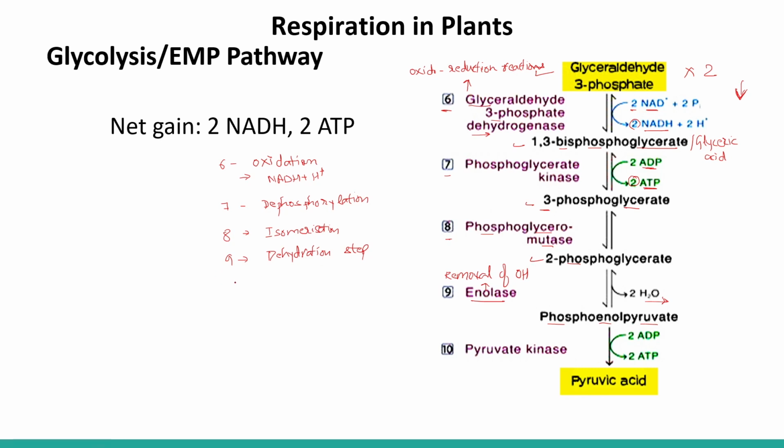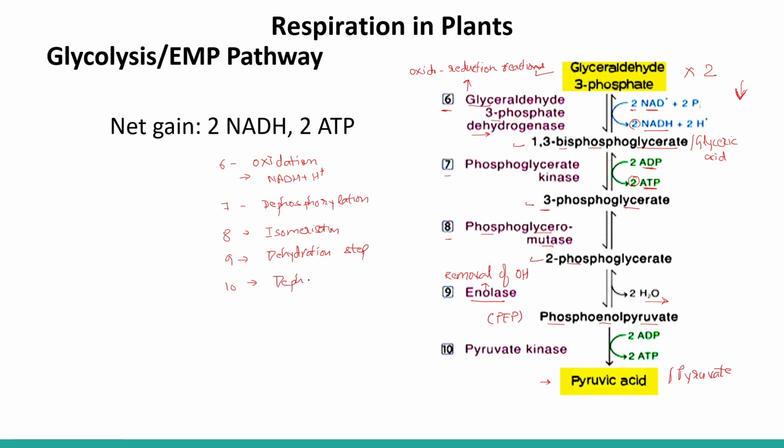Now finally, let's talk about the 10th step, which is the final step. Here, phosphoenol pyruvate is converted into pyruvate, or pyruvic acid. Pyruvic acid can also be called pyruvate. Dephosphorylation is again happening here.